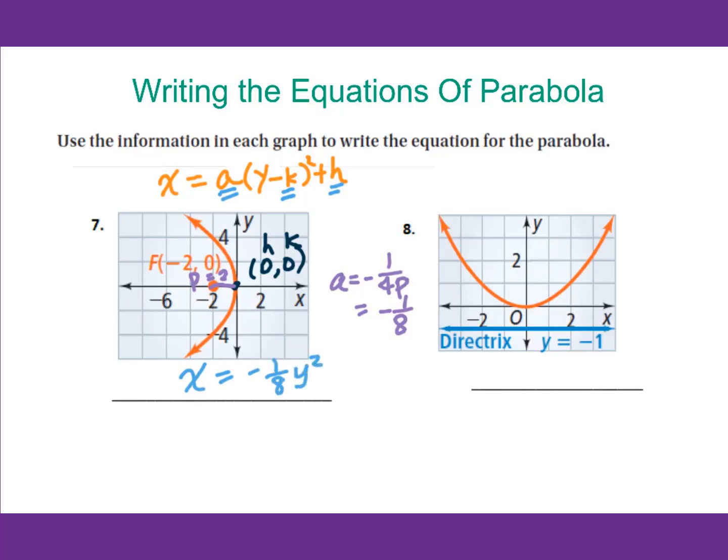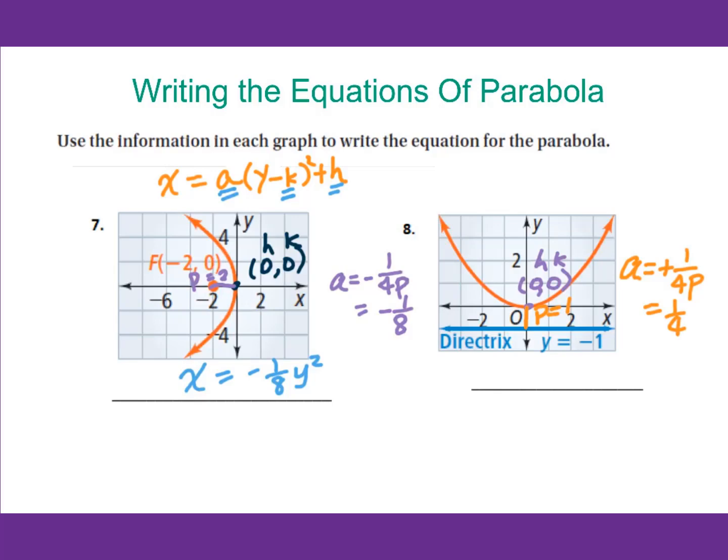For number 8, from the graph, we got (0, 0) for the vertex. The distance between the vertex and the directrix, that's P, equals 1. So a equals, opens up means positive, 1 over 4P, so it equals 1 over 4.